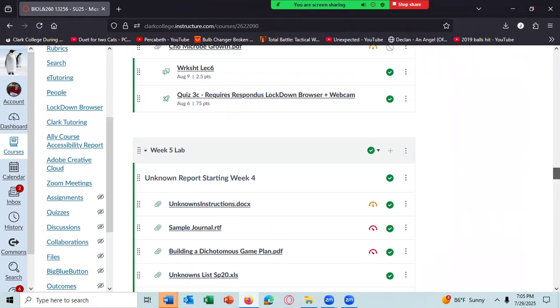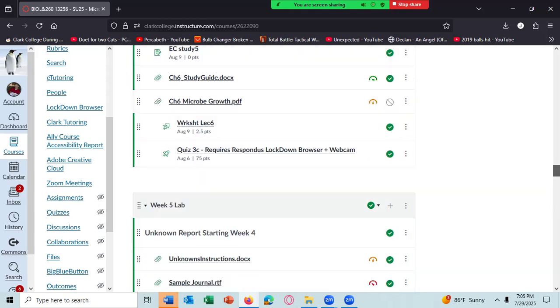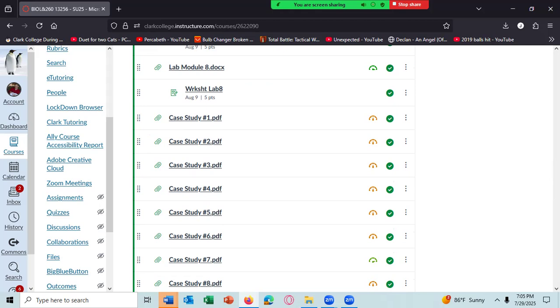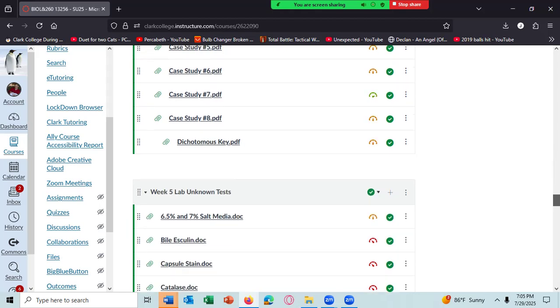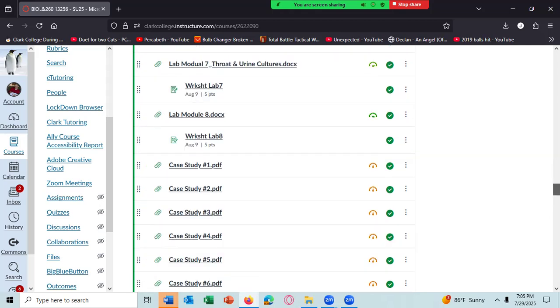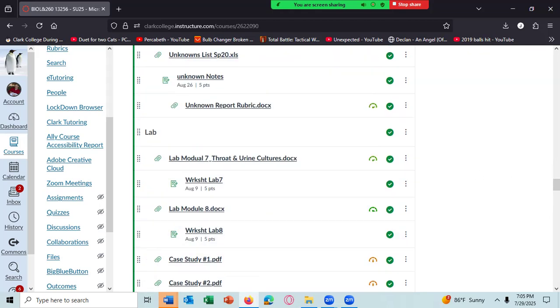We have 2 week 5 labs, actually 3. If you come down here, we have week 5 lab unknown tests. I guess week 5 lab is right here as well.